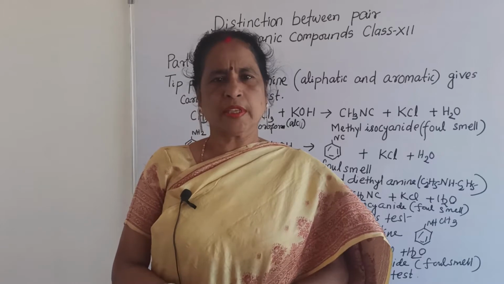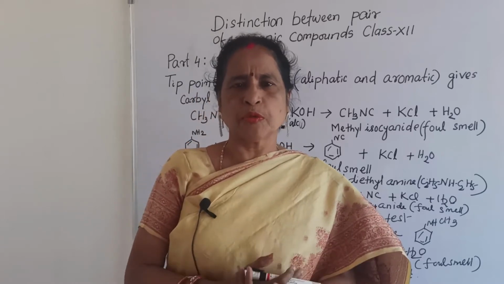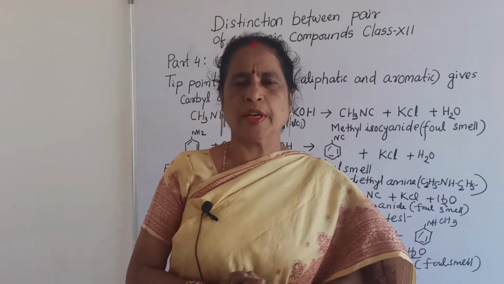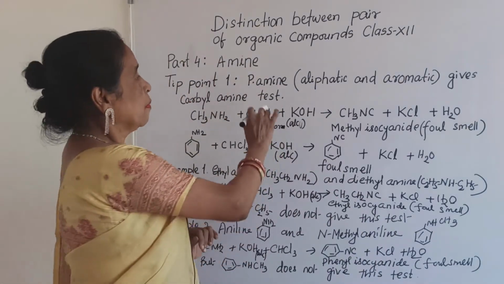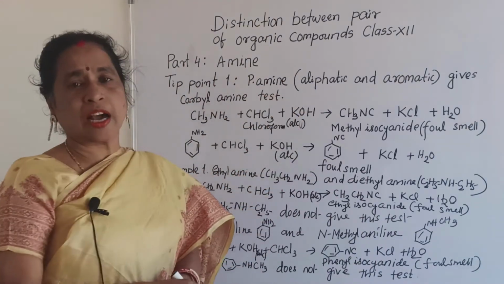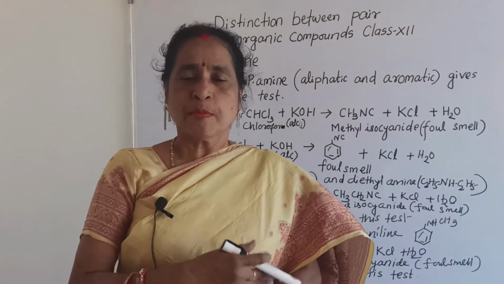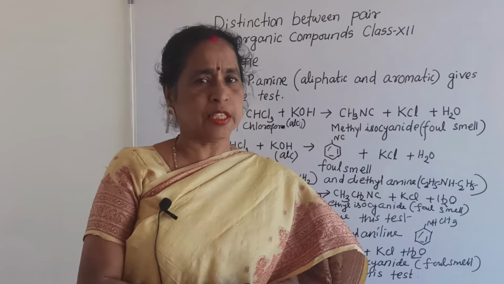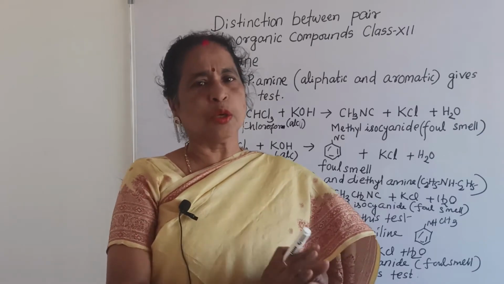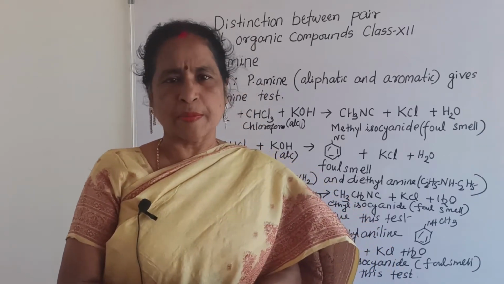Now see the first tip, by which we should distinguish between pair of organic compounds. Let us start that one. Point 1: primary amine gives the Carbylamine test. What is primary amine? When the NH2 group is attached to either an alkyl group or a benzene ring, then it is primary amine.